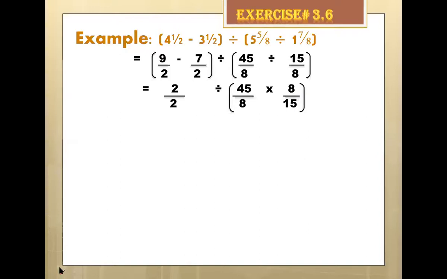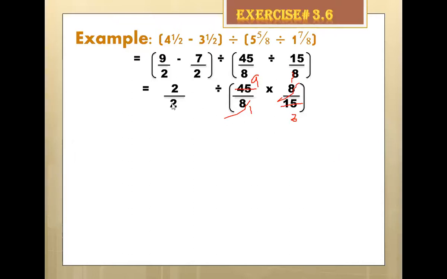Now you will simply reduce it. How? 8 ones are 8 and 8 ones are 8. Now you will divide 15 and 45. 5 threes are 15 and 5 nines are 45. That is very simple.